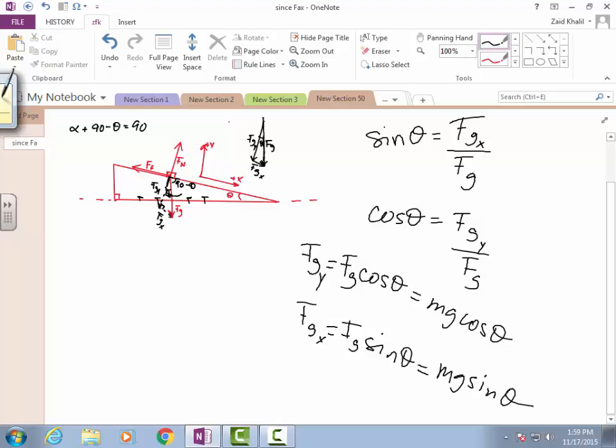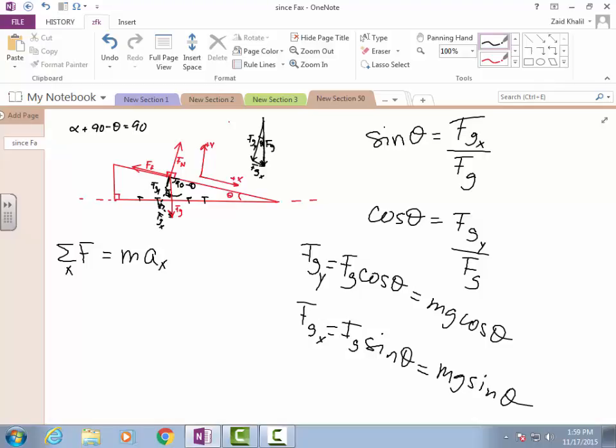What else? So now we write Newton's second law. We have net F in the x direction equals max. And so what's the net force in the x direction? mg sine theta minus.